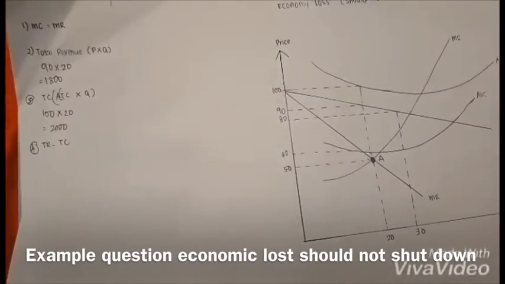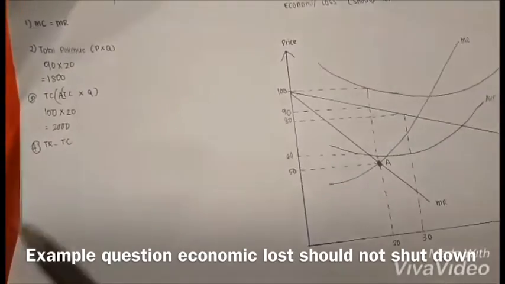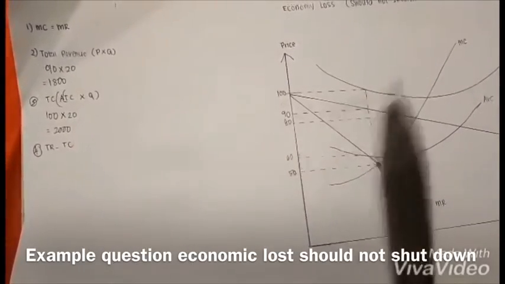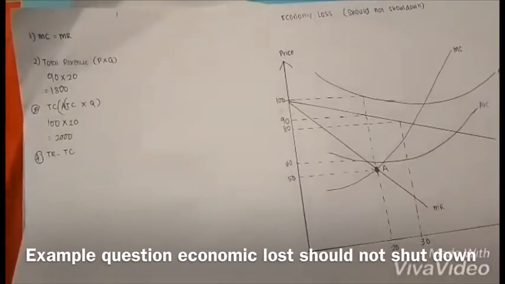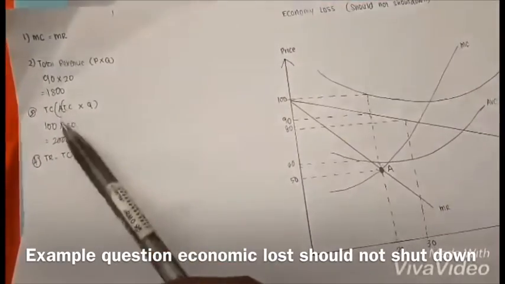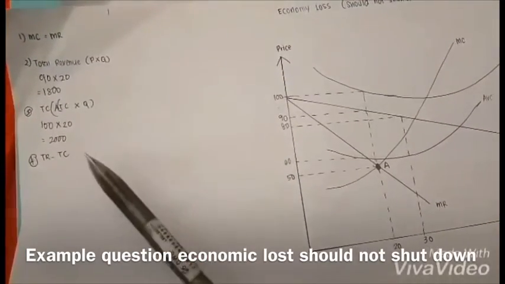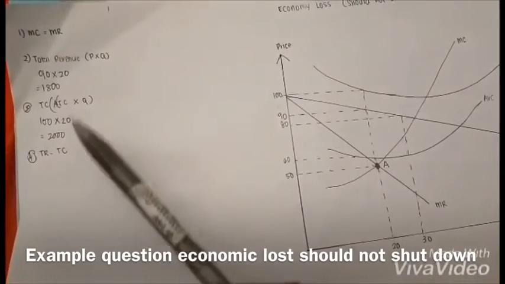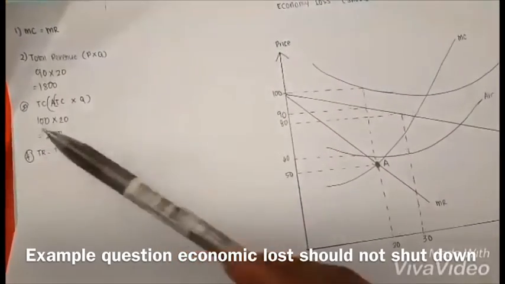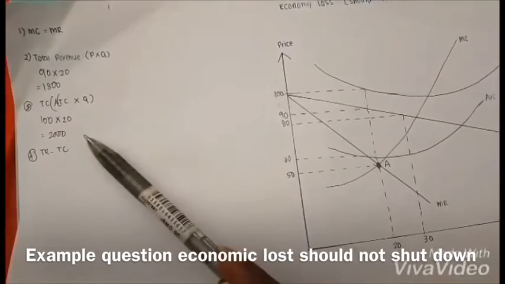The fourth question usually is total revenue minus total cost. If you are wrong here, for sure you will be wrong here too. Total revenue we got is 1800 and total cost we got is 2000.